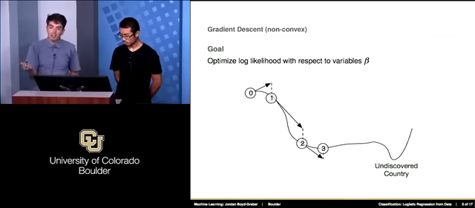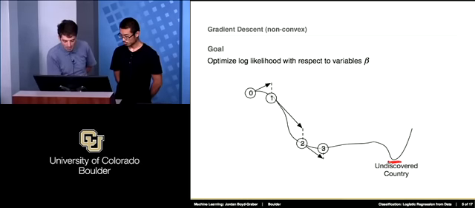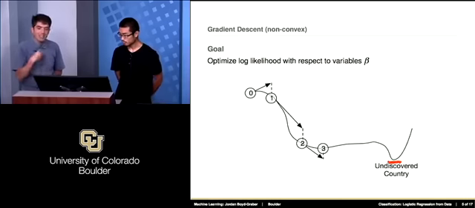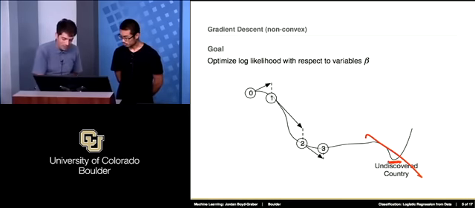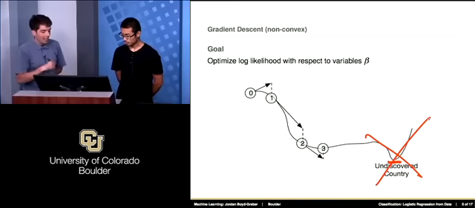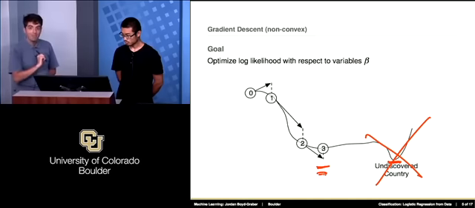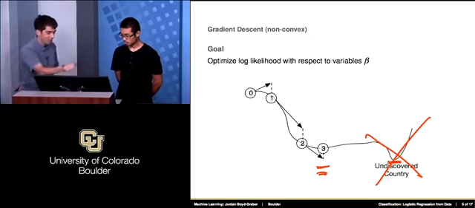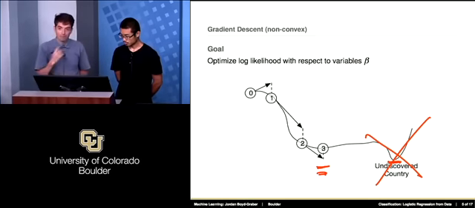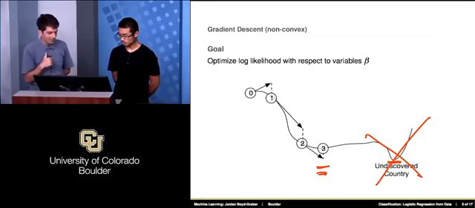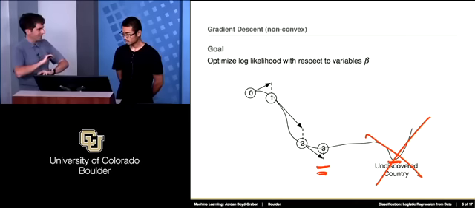If this were a non-convex function, it's possible that we're missing some optimum that lives over here just because we didn't walk far enough, but thankfully, for logistic regression, we don't have things like this. And so we will end up in an optimal location if we carry out the gradient optimization procedure on the logistic regression likelihood function. Okay, any questions thus far?